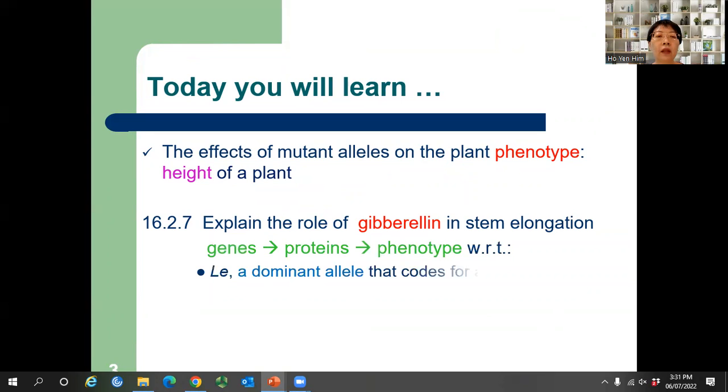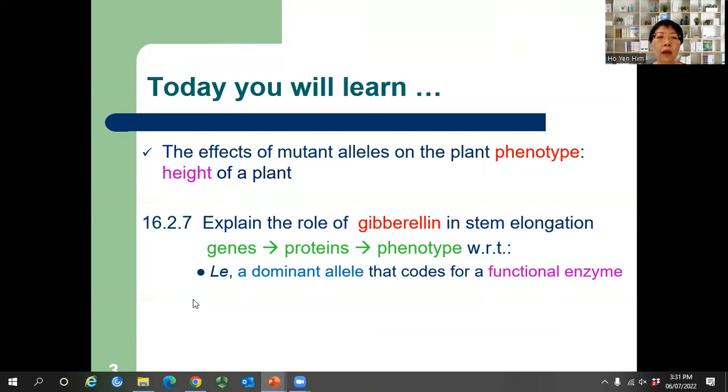So of course, then we have to look at how gibberellin causes stem elongation. And when mutation occurs, it causes gibberellin to change shape. And when it changes shape, it can no longer cause stem elongation.